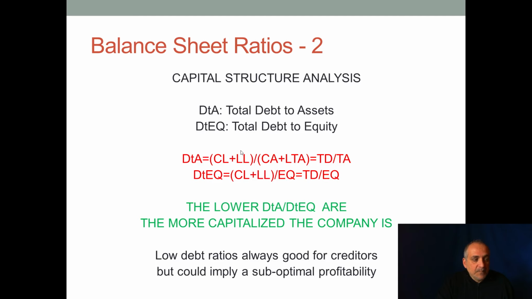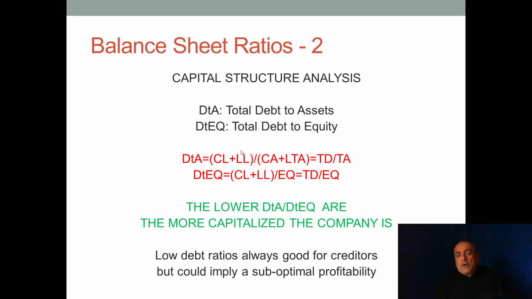Then we have ratios that you can use to see the position of the company looking at the liability side. For example, you can look at the total debts, so current debts plus long-term debts, over the total of the assets. They give you an idea about how much the company is using in terms of external sources of funding, as opposed to equity.